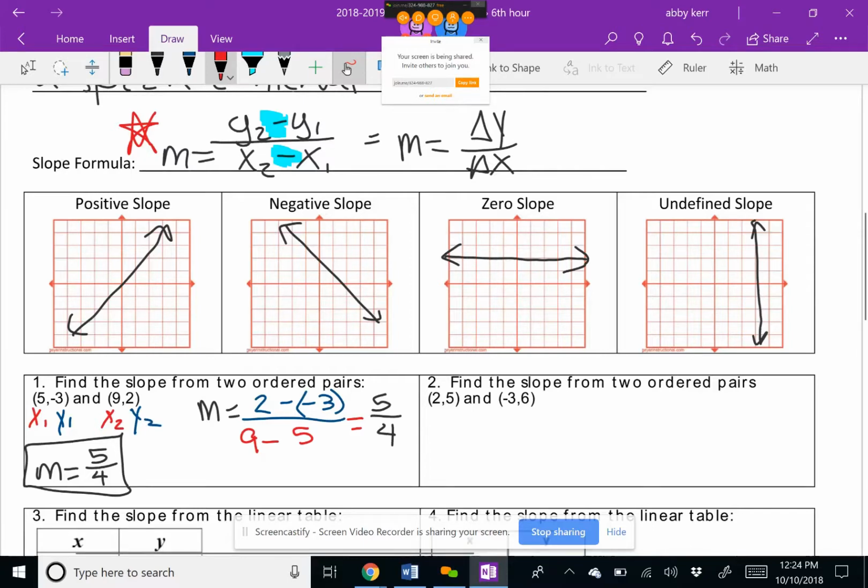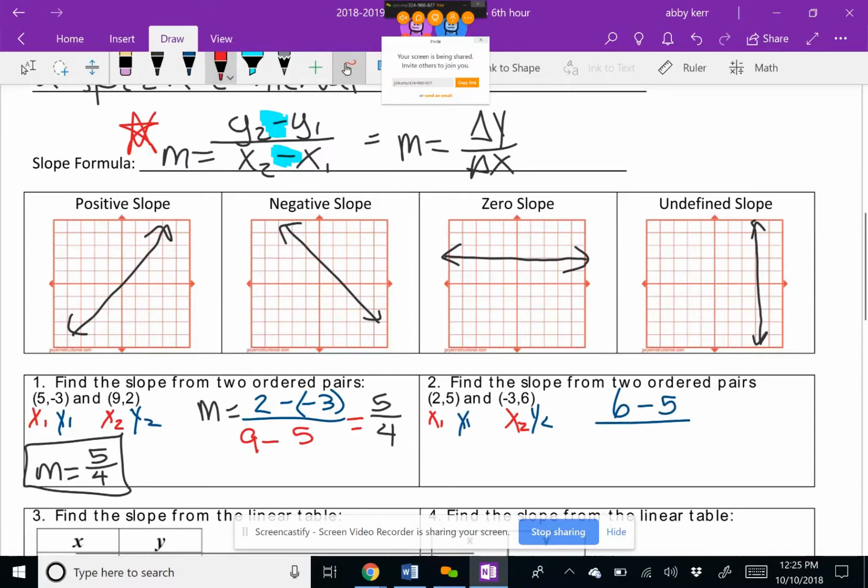Now for number 2, you're going to do the same thing. I always start off labeling. When you start off labeling, make sure you label it correctly. Make sure you're able to read your handwriting as well. So my y2 is 6 minus 5.